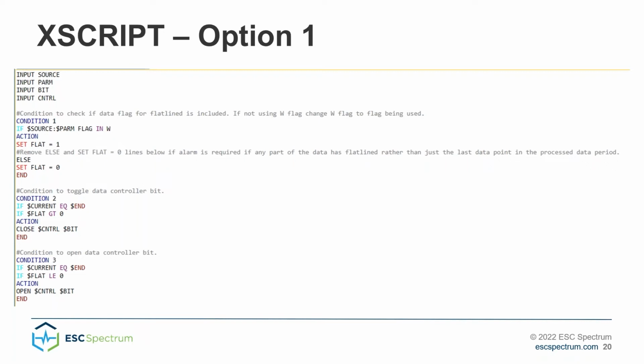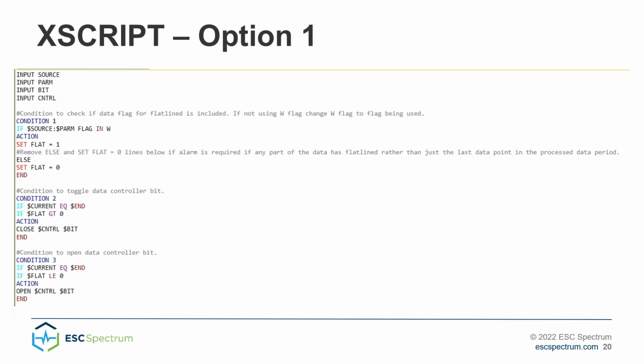It will just send out this alarm, which in this case is going to be toggling a data controller bit. And that's what the input bit and controller are. That is for choosing a data controller that you want this indicator to toggle on, and then data controller output, also known as a bit, that you want toggled.